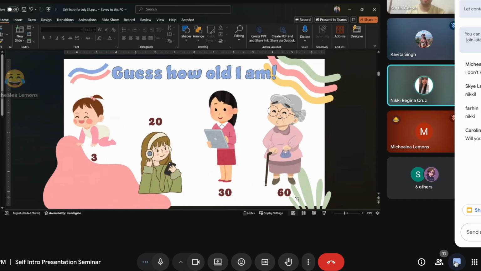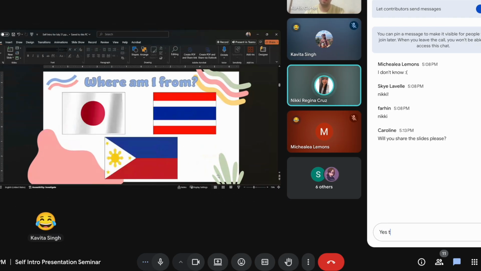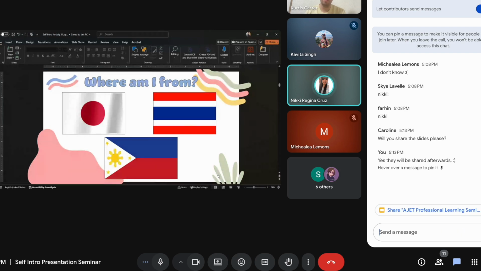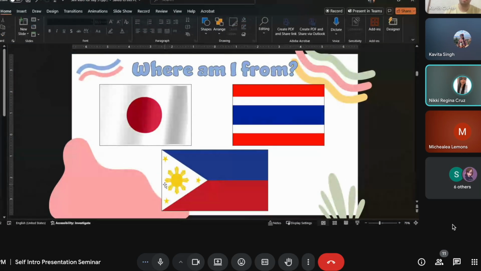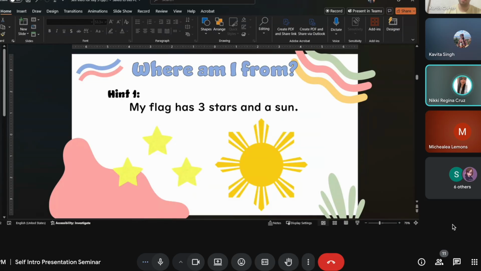The next, another question. So, where am I from? Am I from Japan, Thailand, or the Philippines? I have 3 clues. Hint 1: my flag has 3 stars and a sun.